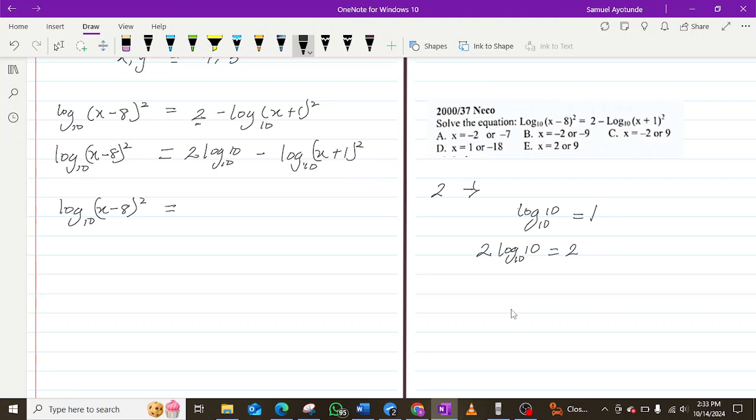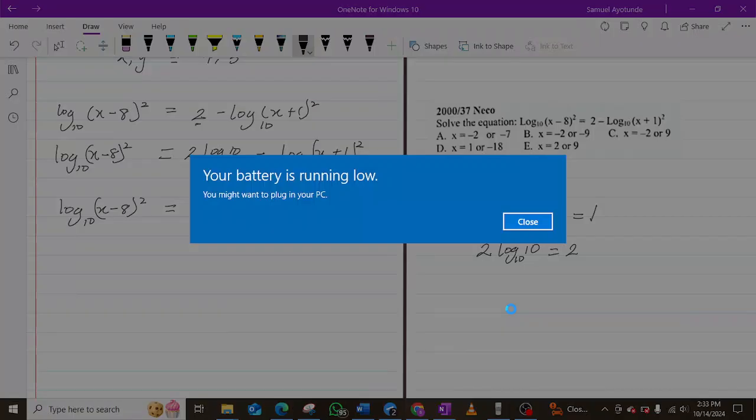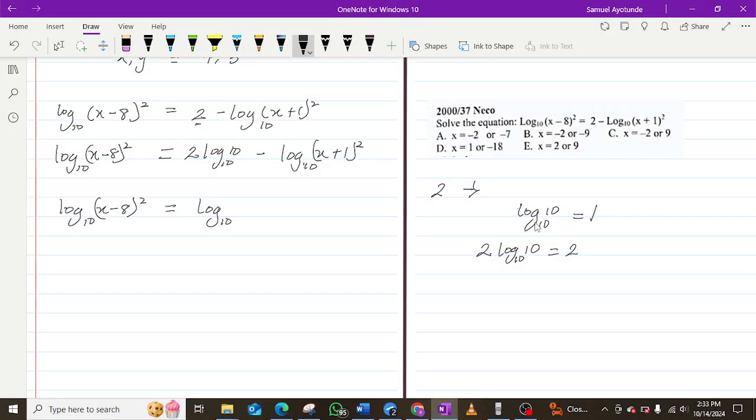So we have log 10 raised to power 2. If we are turning the coefficient to power, we have log 10 raised to power 2 minus log base 10 in bracket (x plus 1) raised to the power of 2.